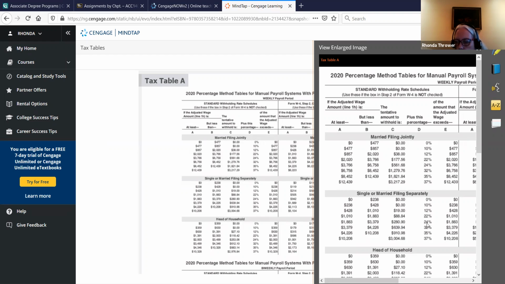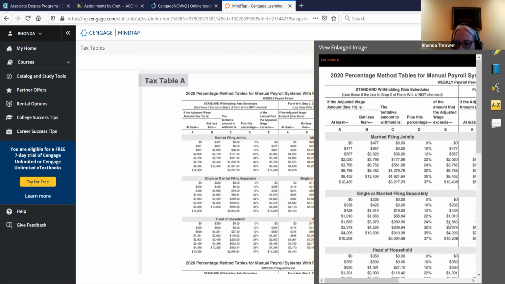They're at a 24% tax bracket, and the amount that the adjusted wage exceeds is $1,883. So they've calculated the taxes on $1,883, and the amount of tax on that is $280.90. They gave you that.